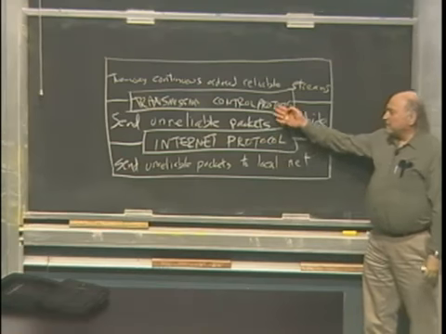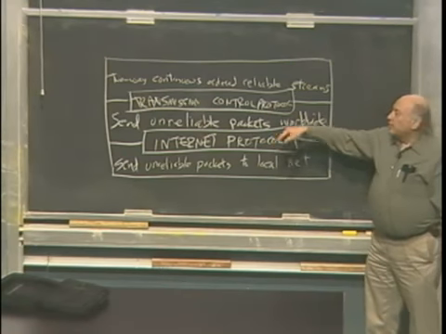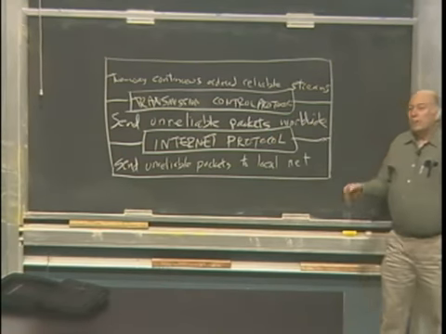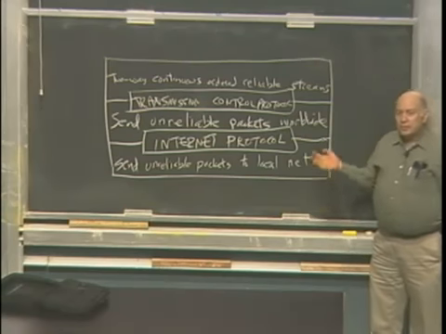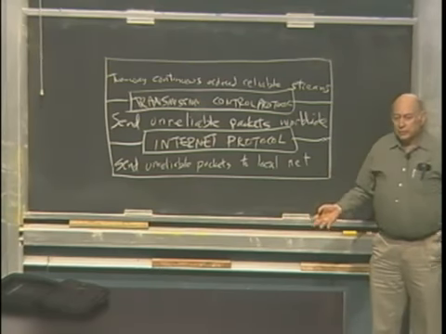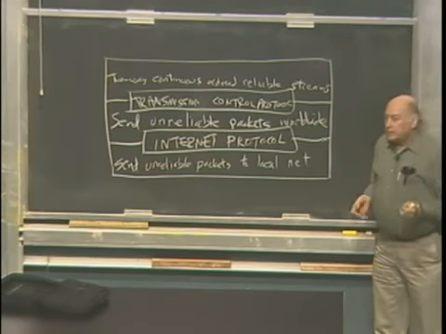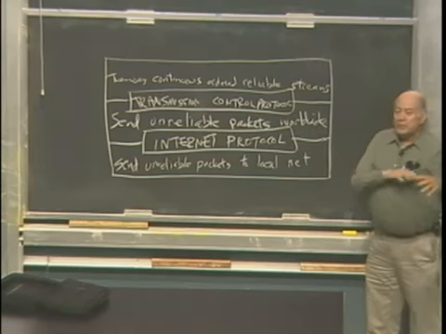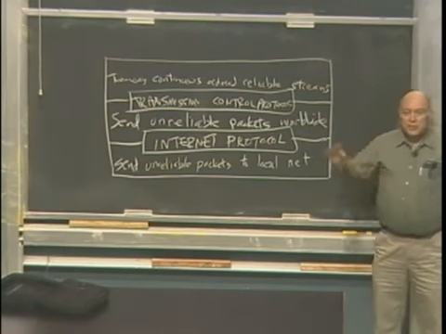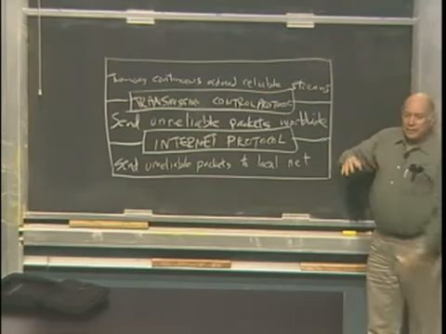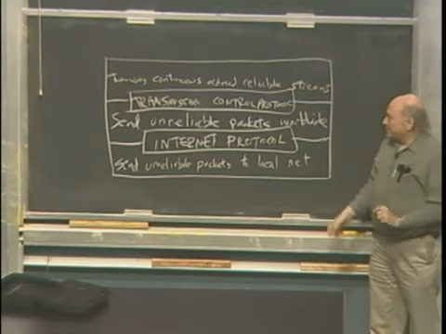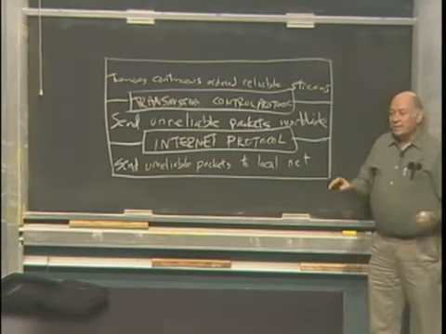Built on top of unreliable packets, we now have, well, it isn't 100% reliable. If the computer you're talking to crashes, then, what can we do? But if some computer in the middle crashes, TCP will work around it. It'll keep trying until it gets through.